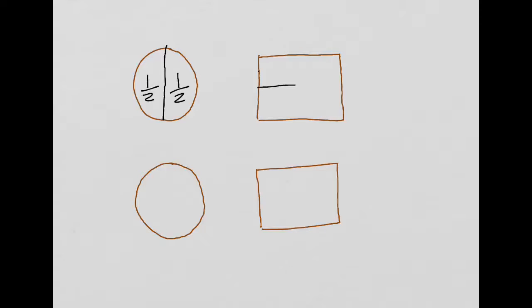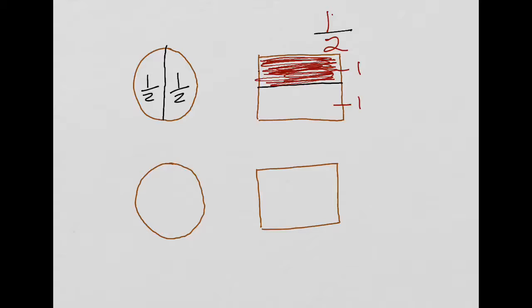Alright, so let me put my line here to divide it in half again. Two equal pieces. So I divided this. Let me change my color. This is one piece. This is one piece. So if I color in this piece, that means I colored in one piece out of two pieces.